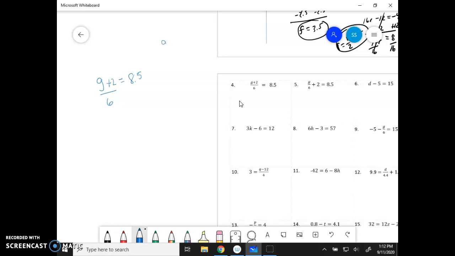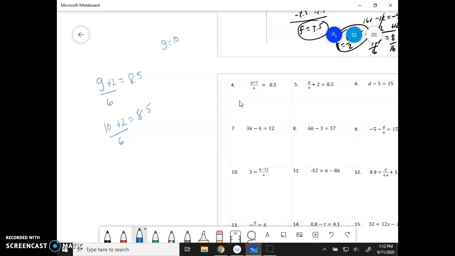Well, if we knew that g was 10, and we were actually solving this problem, if we were to substitute that in, we would have 10 plus 2 over 6. We would want to simplify the top first and then divide by 6. You wouldn't want to divide 10 by 6 and divide 2 by 6.